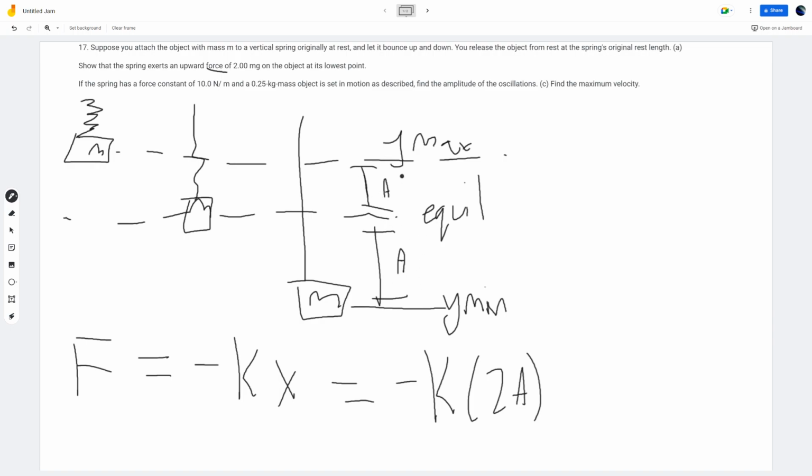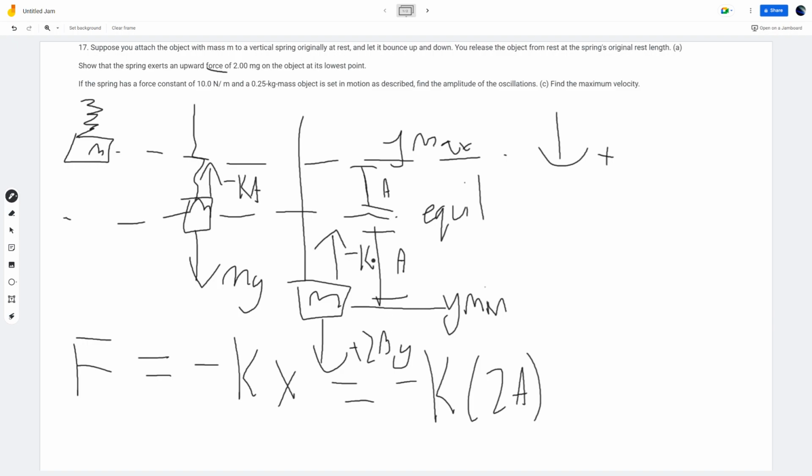And so if we think about it, at the equilibrium point, mg is pulling down, and then negative kA is pulling up. So that must mean at the bottom, positive 2mg, if this is positive, is pulling down, and negative kA, 2 times that, is pulling up. So that's basically why the upward force is 2mg at its lowest point.